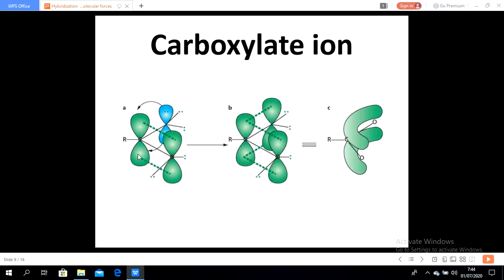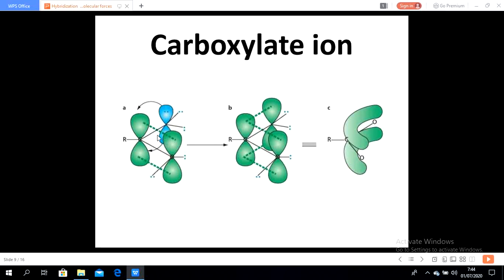So this one here forms, you see the dotted line, which represents the overlapping of the p orbitals, and this one is the overlap of the s orbital.